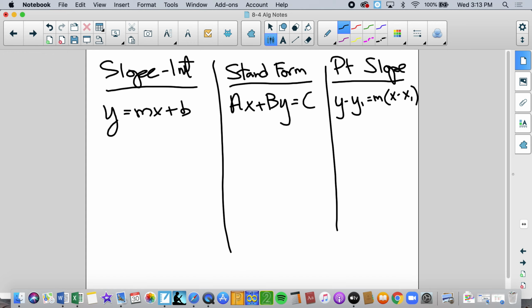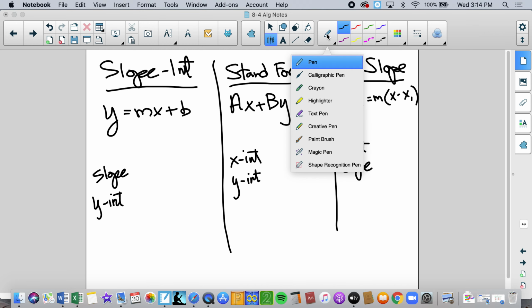But slope-intercept, we are going to be able to pull out the slope and the y-intercept. In standard form, we pull out the x-intercept and the y-intercept. That's what we're able to find. In point slope, we are able to find a point and the slope.